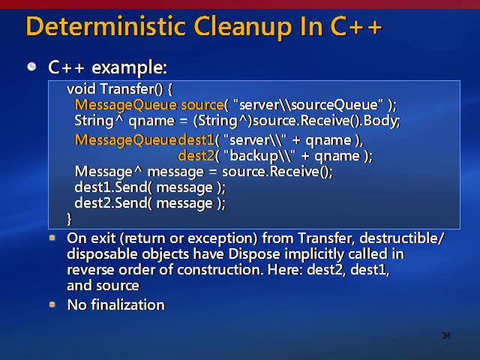So here's an example written in C++ of how you make use of this kind of API. Message queue is something that you definitely want to clean up. It's something that has dispose. So it's a reference class, and all I have to do is declare it as if I want lexical scoping, so I treat it as if it's on the stack.